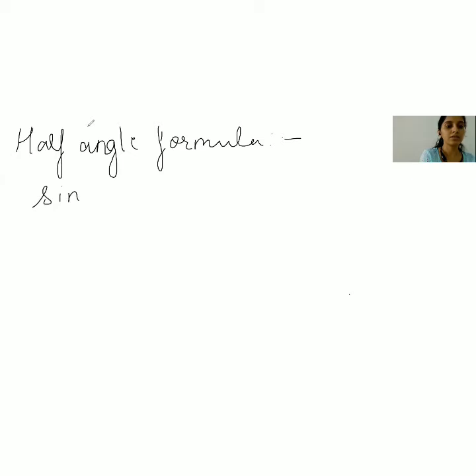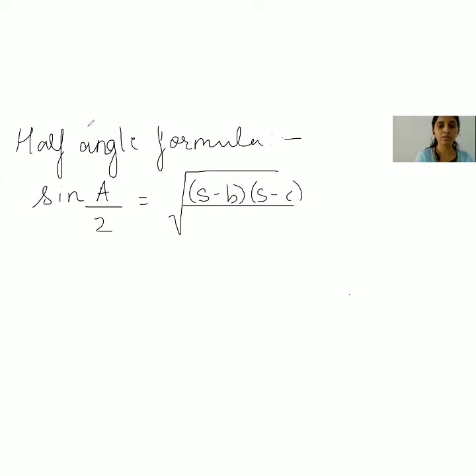So sine A by 2 is equal to under root of (s minus b)(s minus c) upon bc.